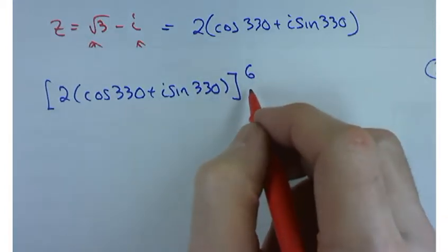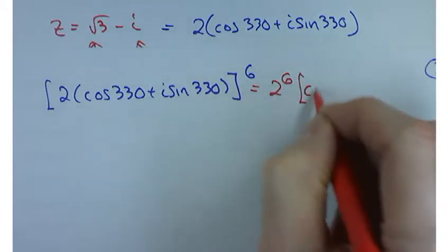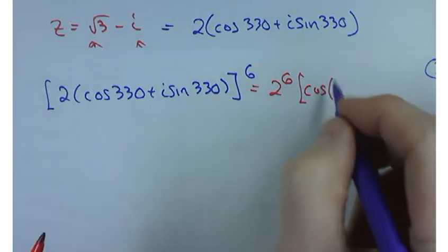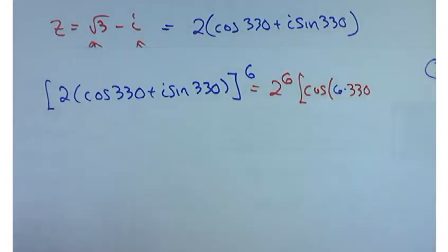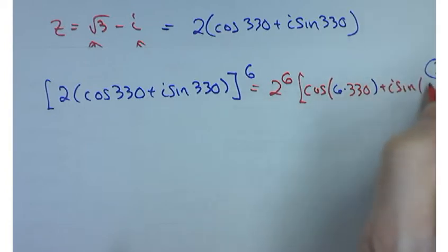What that gives me is 2 to the 6th power times cosine of 6 times 330, plus i times the sine of that same angle, 6 times 330.